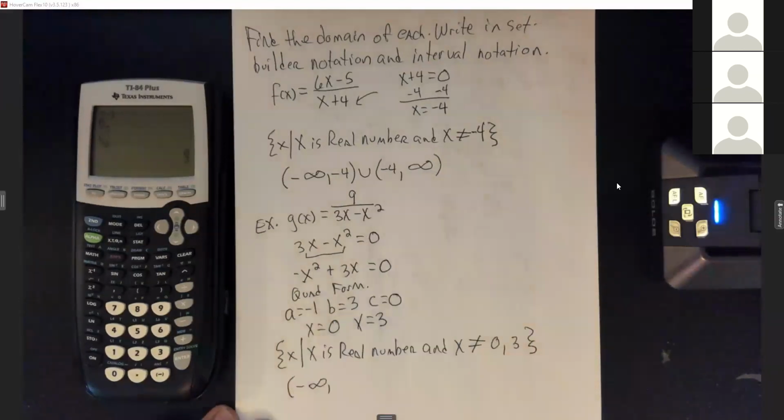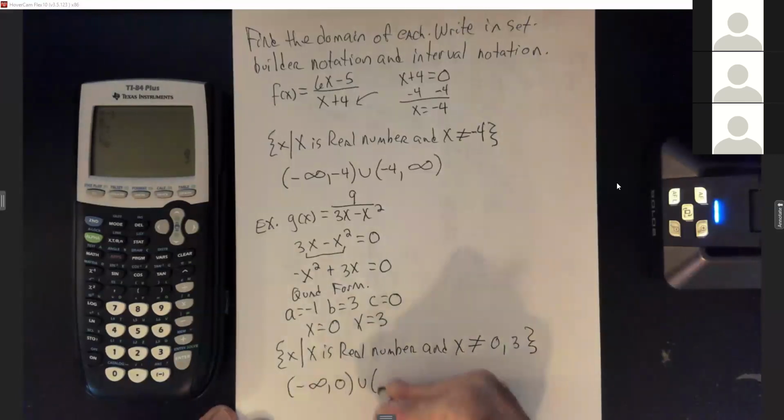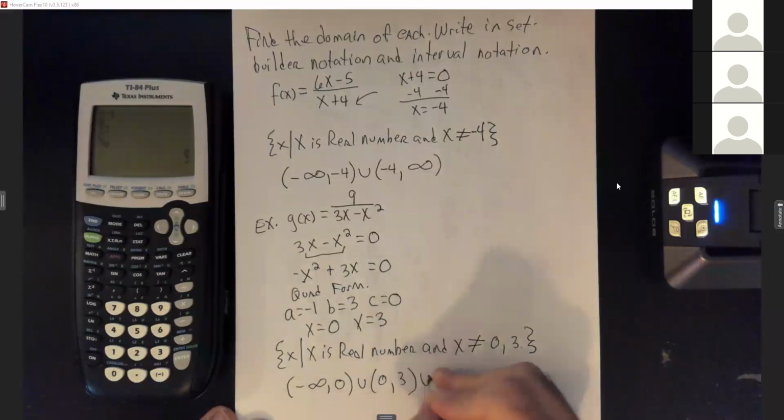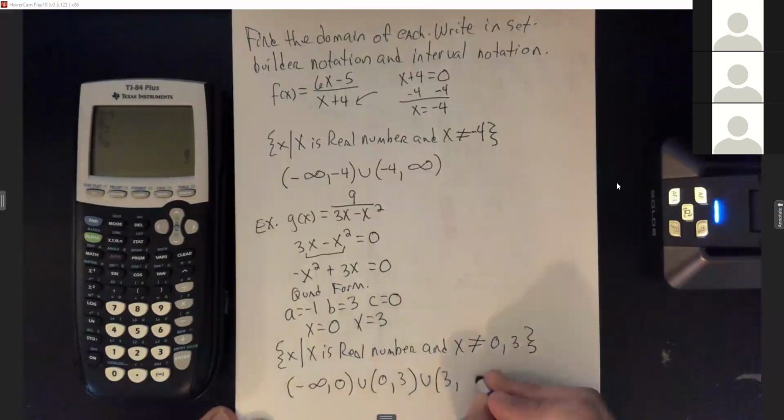And remember, you got to go left to right, so my numbers need to go in the right order. So I'm going to hit 0 first. Union around my 0. From 0, I travel till I hit the 3. Union around that 3. And then from 3, I head towards positive infinity.